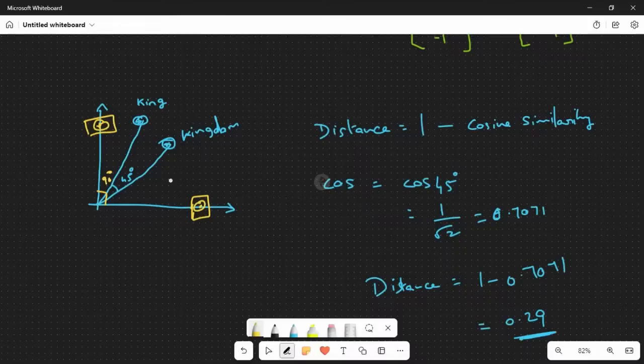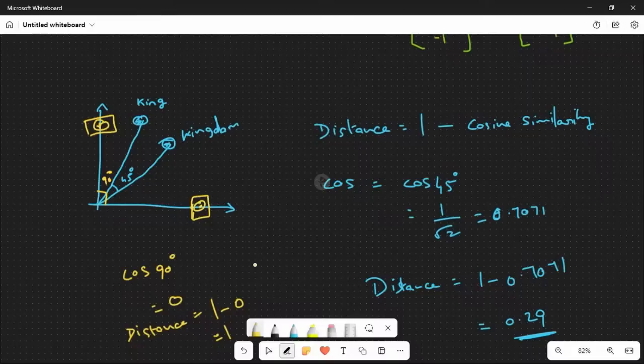So when you calculate this, cos 90 is going to give us 0. And if you calculate the distance now, distance is equal to 1 minus cos 90, which is 0, so distance is equal to 1. And it is not anywhere closer to 0. It is completely opposite, which tells that these two words are completely unrelated.